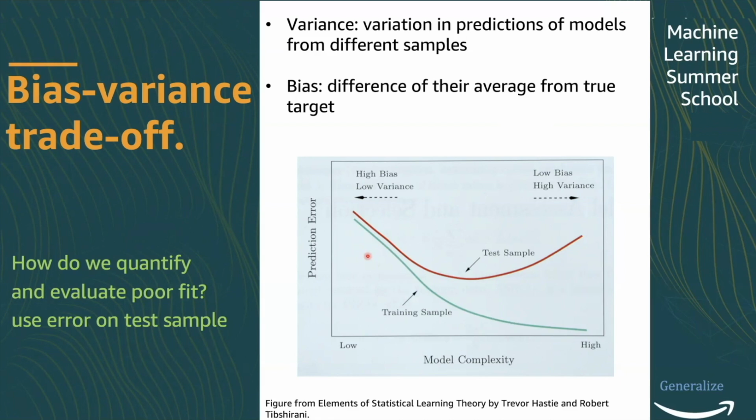So none of the records or instances from your test sample would appear in your training sample. And in training the model, which is in learning your model F star, you would only use the training sample. You should never use the test sample. You train on the training sample, learn a model, and then use the performance of this model on the test sample to determine if it is good enough or not.